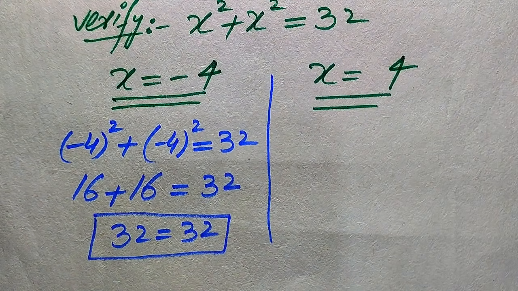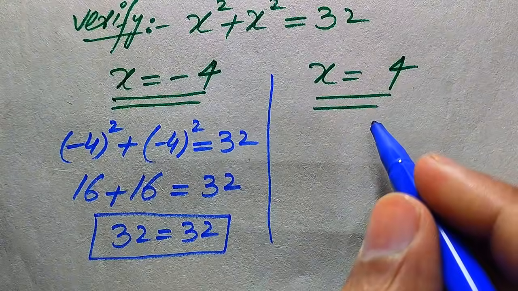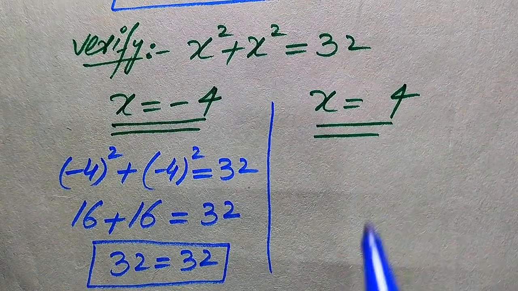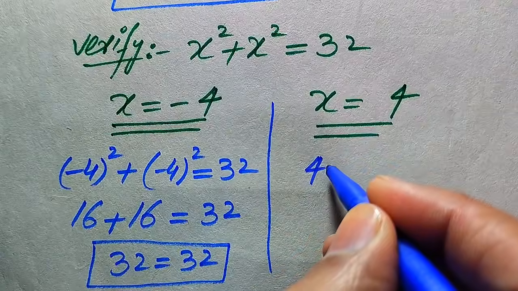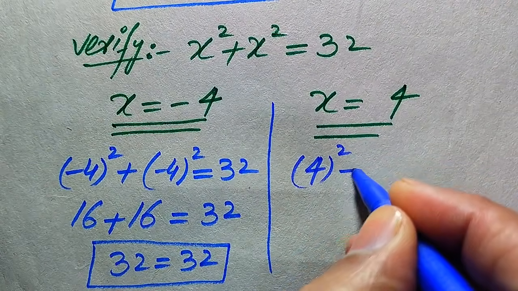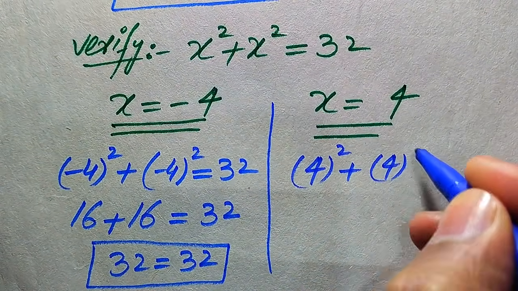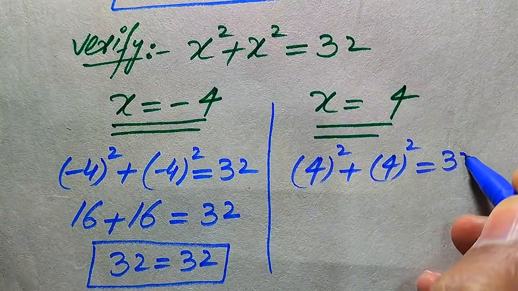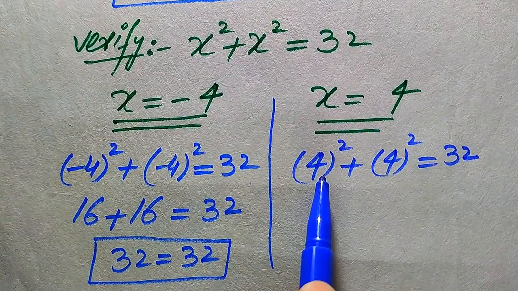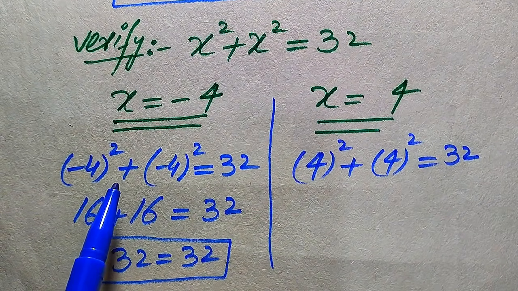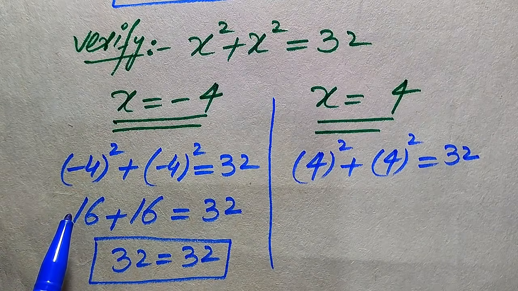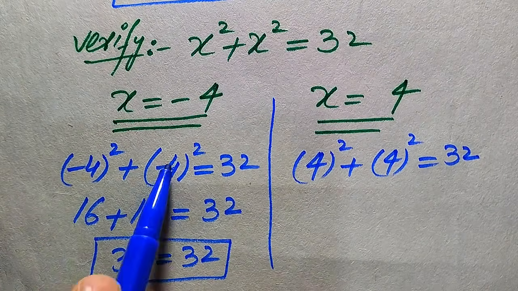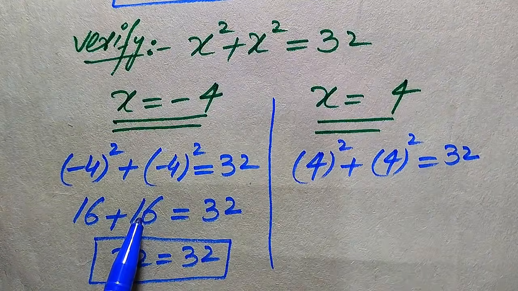And now in the same pattern we need to verify the second value of x. So here we substitute x is equal to plus 4 on both of the sides, and it will be written as 4 square plus 4 square is equal to 32. So here you see that the 4 is a positive term, here a negative term. You know that when we take the square of a negative term, it will always become a positive answer, so both of these two terms become positive.